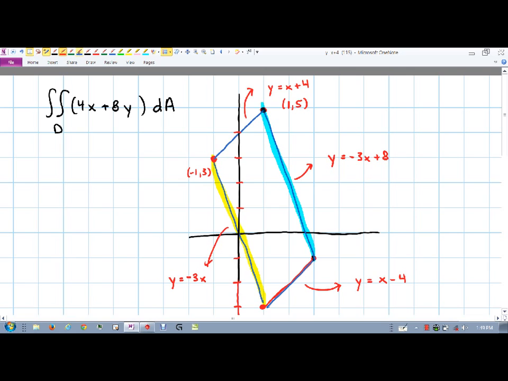Now, let me take this equation on the top, okay? Let's move our x's and y's to one side and our constants to the other. So how about I do this? I'll move the y over to make it negative y, and then I'll move the 4 to the other side and make it negative 4. Do you agree that that would give me x minus y equals negative 4? Right? Do the same thing on this bottom one. Move the y to the right, move the 4 to the left, and you would get x minus y equals 4, right?